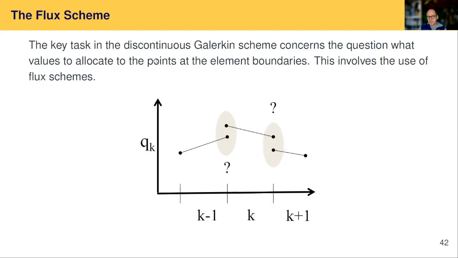So one of the key tasks in this discontinuous Galerkin scheme is: what are the values here at the boundaries, because they are discontinuous. And this is the Riemann problem. The Riemann problem is the question: if you have a discontinuity here, how does it propagate under certain conditions? And the condition is, of course, for example, the wave equation.